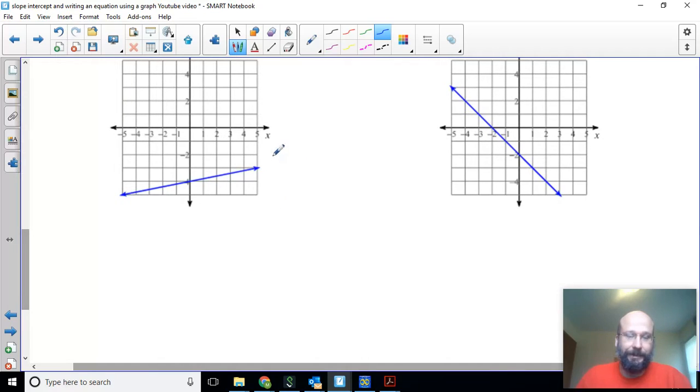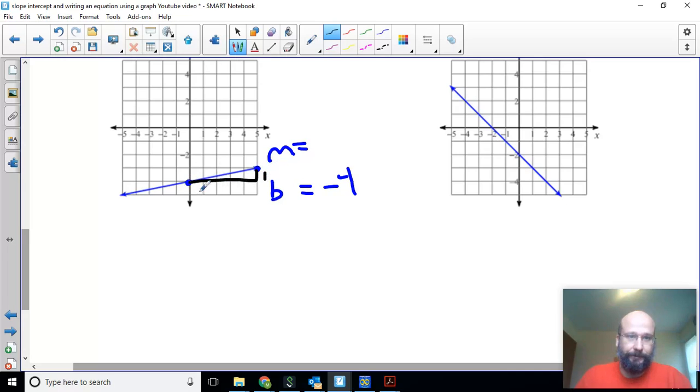Here's another one where we need to find our slope and find our b so we can write our equation in slope-intercept. Again, our b is simple. It's negative 4. And to find the slope, I'm going to pick another point. This point looks like it'll cross right here. So I'm going to connect the lines.